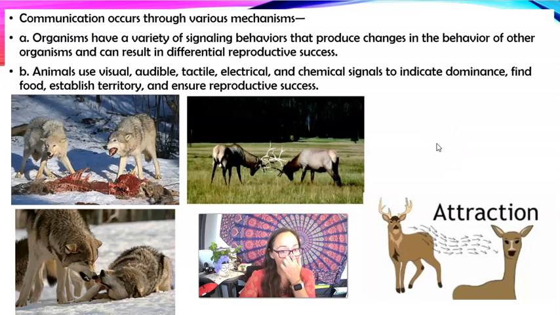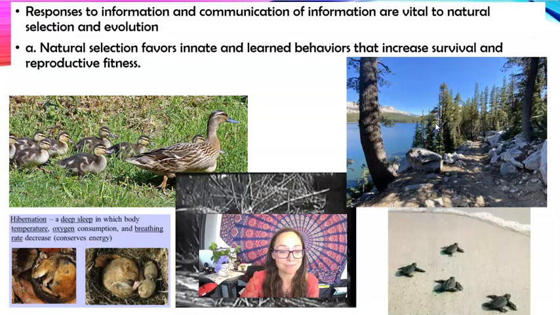You have signaling behaviors that can produce changes in the behavior of other organisms. Here you have two wolves, maybe being submissive or not. And then we also have visual, audible, tactile, electrical, and chemical signals that can be used to indicate dominance, find food, establish territory, and ensure reproductive success. I feel like here there's a wide range of things that could be asked about.